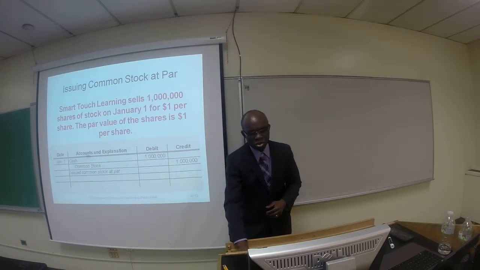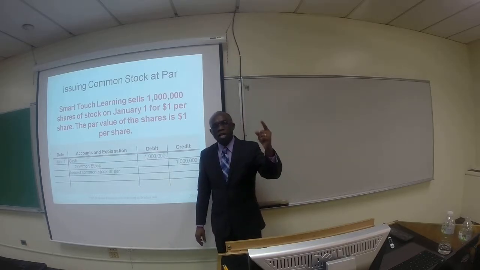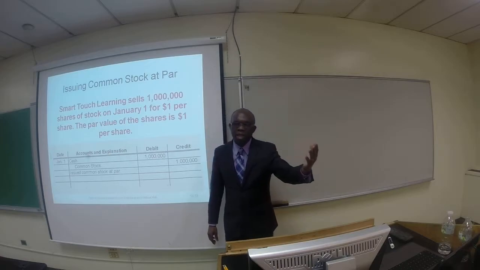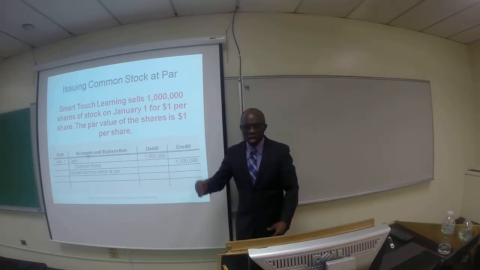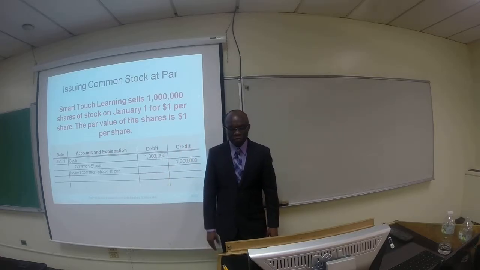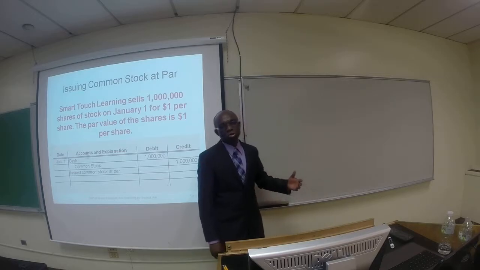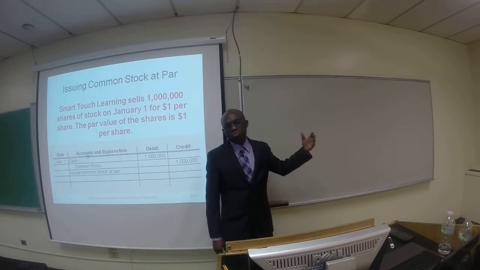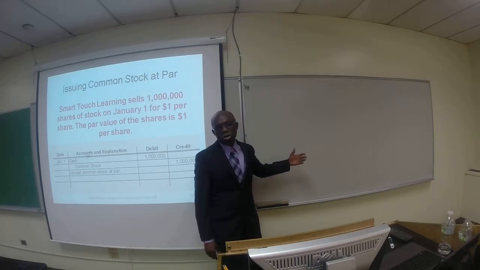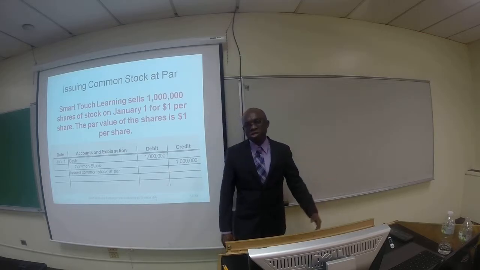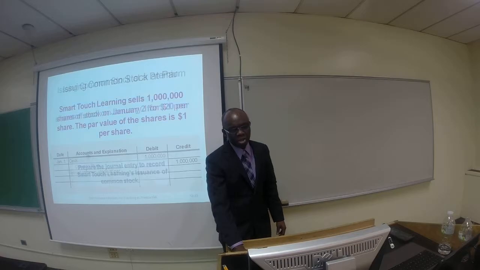How do we record the transaction? Obviously, $1 multiplied by 1 million shares is $1 million. So we receive $1 million cash, so we debit cash for $1 million and we credit common stock for $1 million. Of course, as you know, common stock is part of the third component of the balance sheet, and that is the stockholders equity section of the balance sheet.